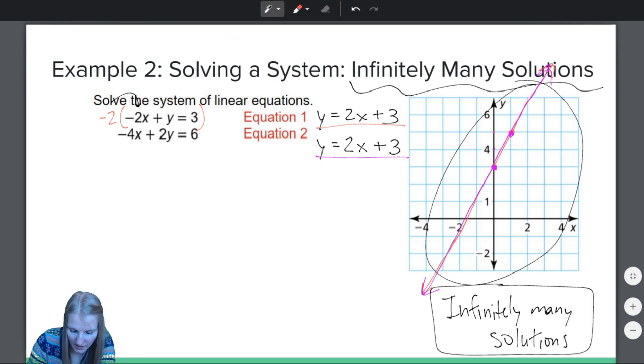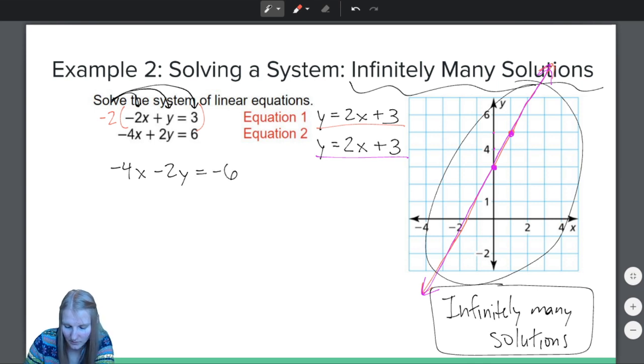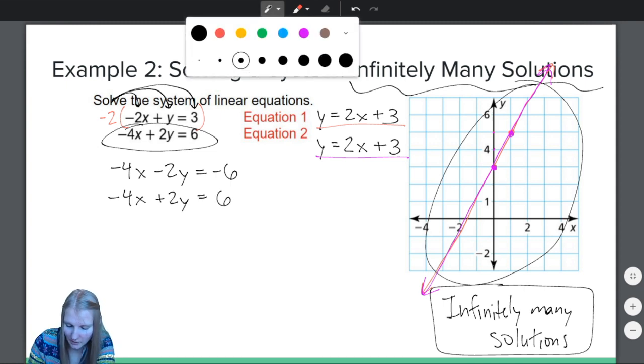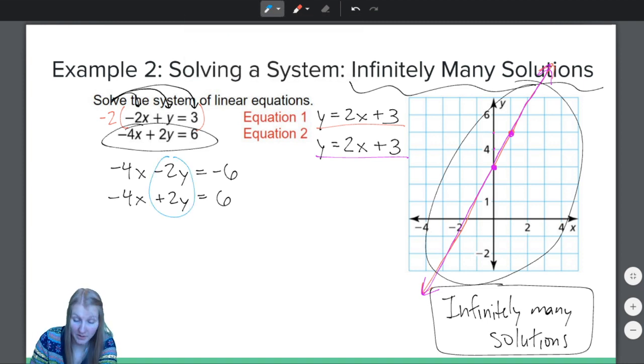Negative 2 times negative 2 is negative 4x. Negative 2 times y is negative 2y. And negative 2 times 3 is negative 6. So this is our new equation number 1. We haven't touched equation number 2, so we'll put equation number 2 underneath it. Negative 4x plus 2y equals 6. And look at that. The y's are opposites. They're ready to cancel. And they are eliminated.